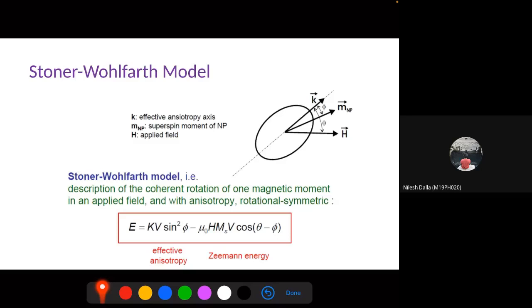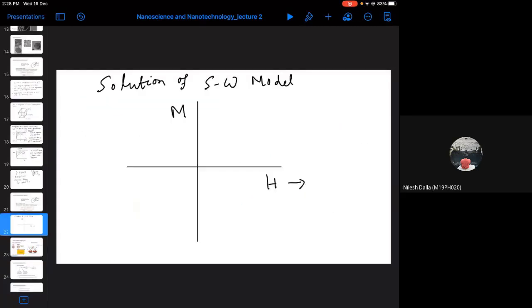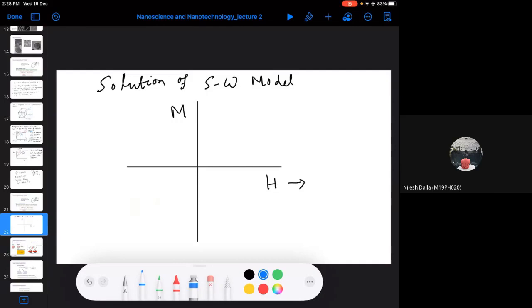Okay, so one can draw this magnetization as a function of field for different angle phi. So this is when your angle phi is equal to 0.